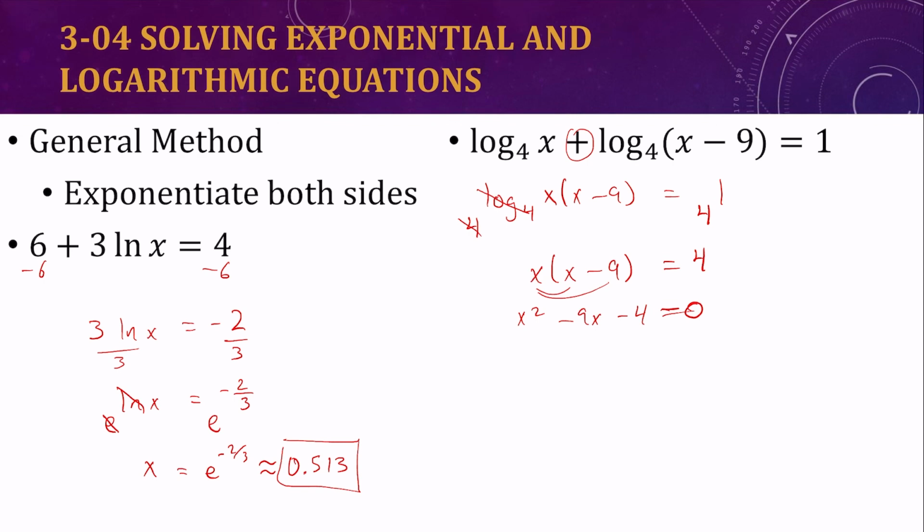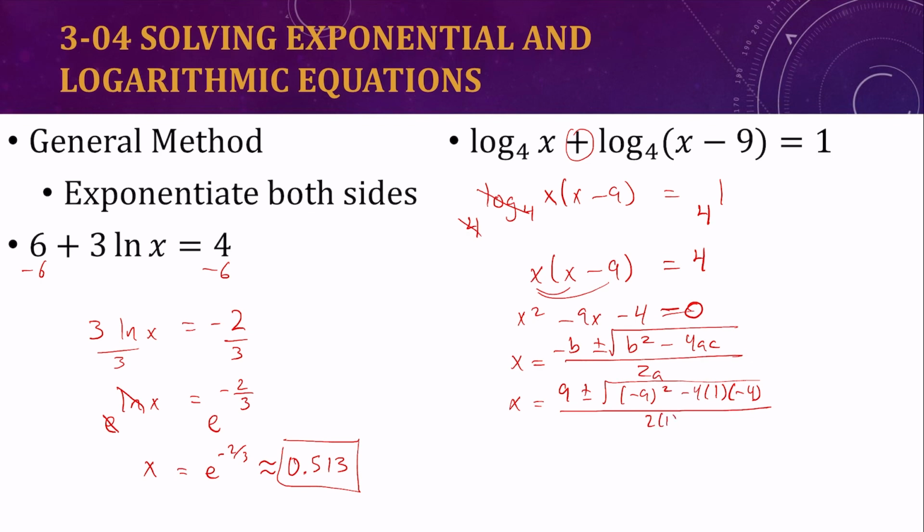We could try factoring. I'm going to tell you now, factoring doesn't work. So since factoring doesn't work, we'll have to use the quadratic formula. So negative b, which is negative negative 9, then negative 9 squared, a is 1, c is negative 4, and a is 1.